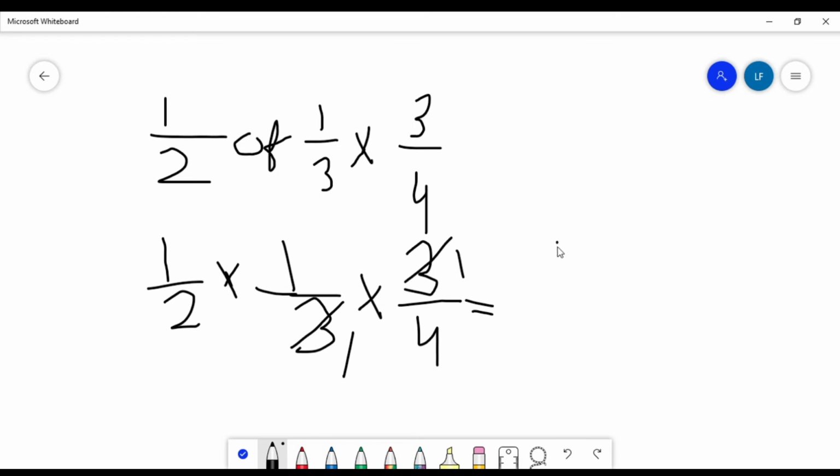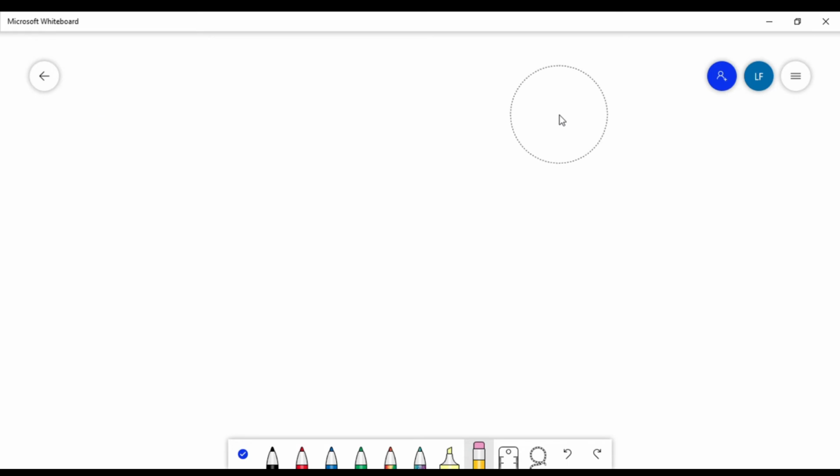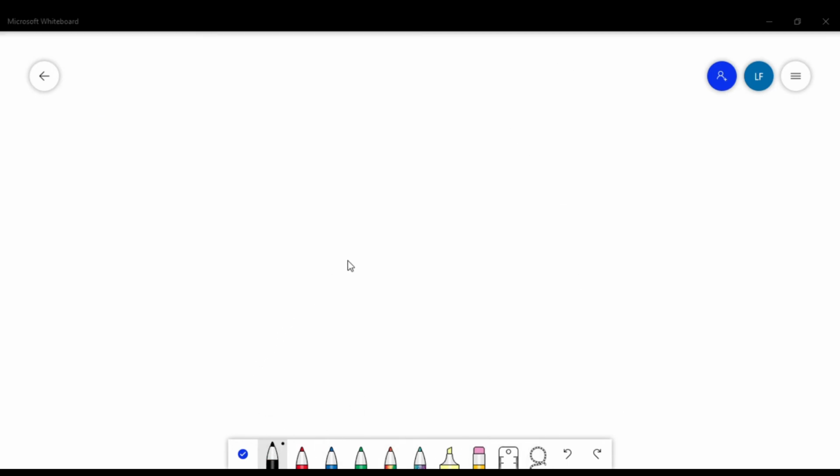So the answer will become 1 by 6. Take some time, get it all in, and we'll move on. Let me just erase this. It's pretty fast since it is Microsoft Whiteboard. Okay, let's take another sum.